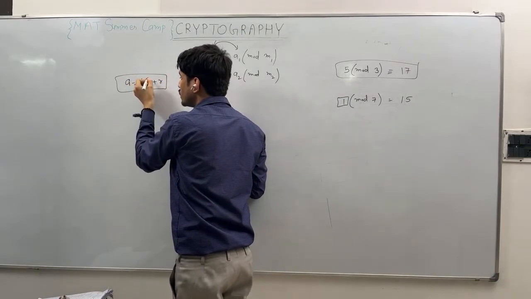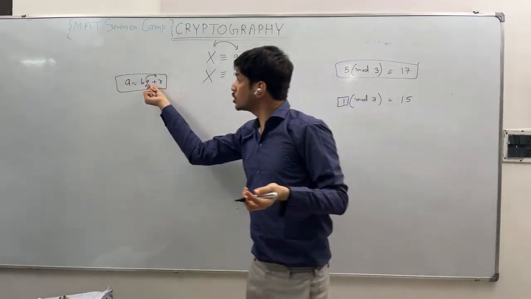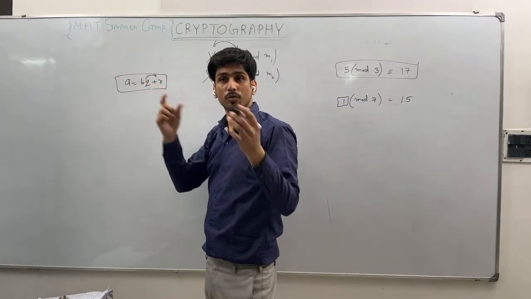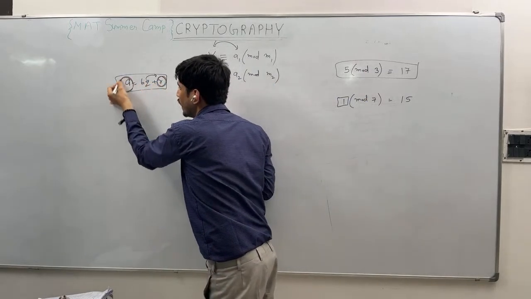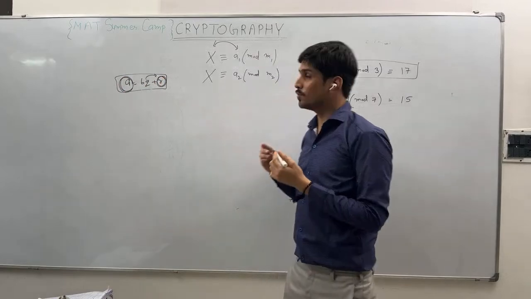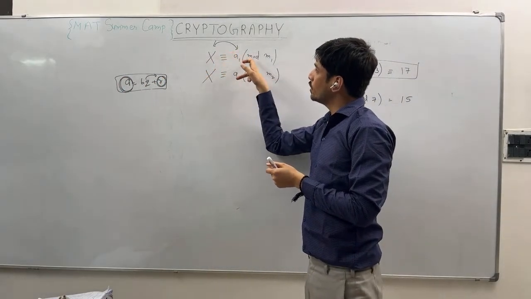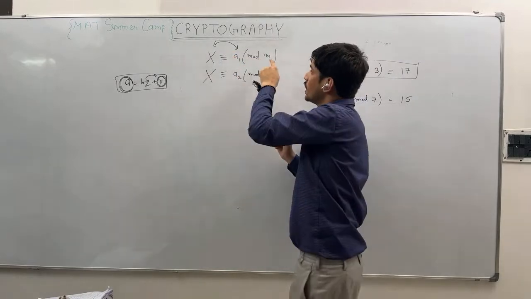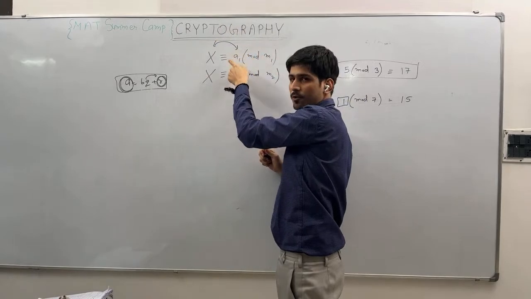Instead of q we can put q plus 1 also, because q is nothing but the quotient. So we can increase and decrease it, and we can interchange this r and a. Is it clear? So what is x? x is congruent to a1 mod m1. Here we are considering that when x is divided by m1, then the remainder is a1, right?